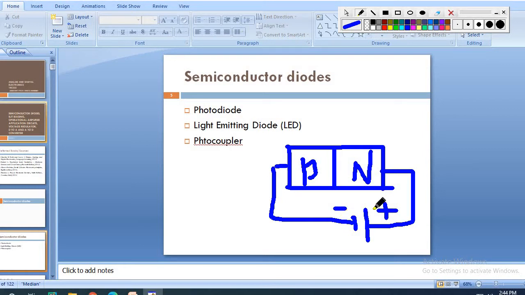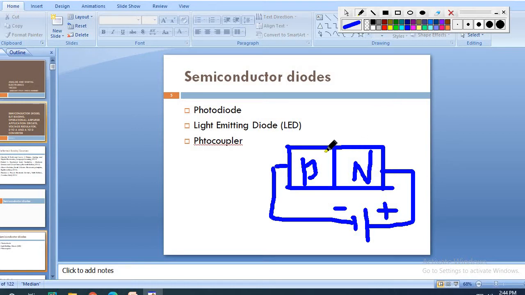There it is positive and negative, but here it is negative and positive, which means I am applying a reverse voltage to the PN junction diode. In this condition, holes are present in this P type and electrons are present in this N type. But when I apply a reverse bias voltage, there is no current flow in this direction from P to N type, because I am applying a reverse bias voltage. Current here is 0 or negligible in this condition.